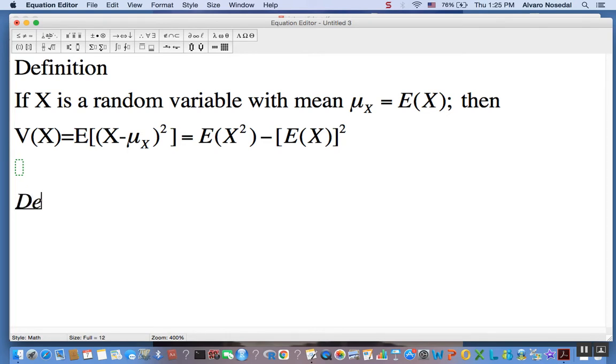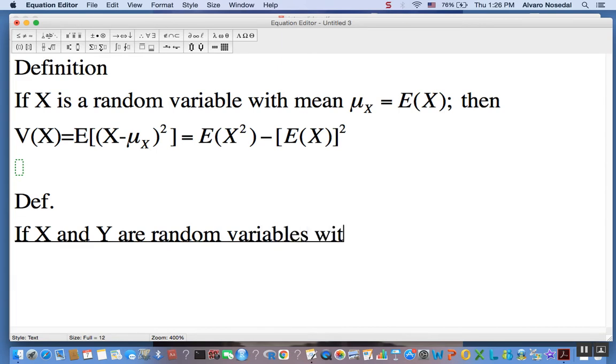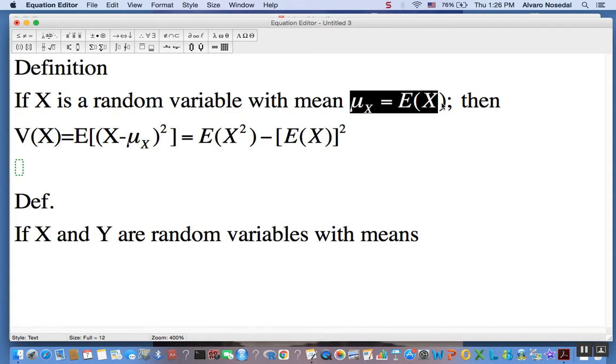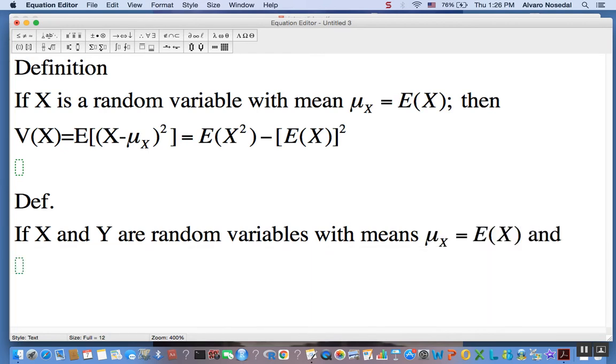So another definition: if x and y are random variables with means mu sub x, which again represents the expected value of x, and mu sub y, which represents the mean of y, the expected value, respectively.